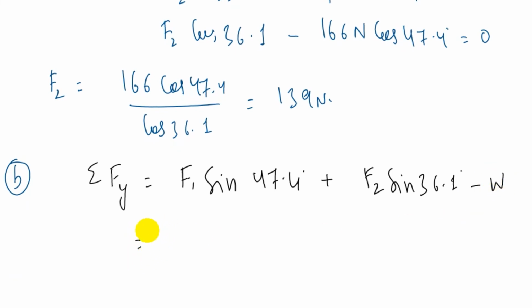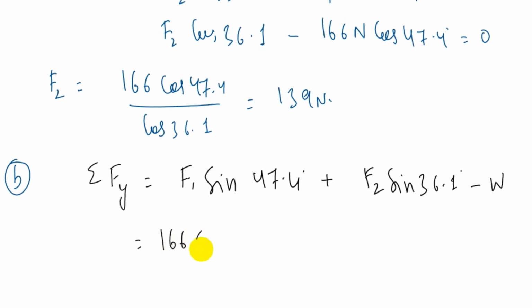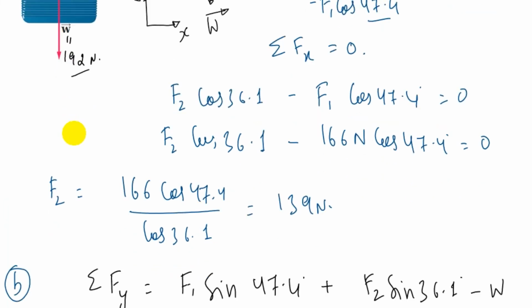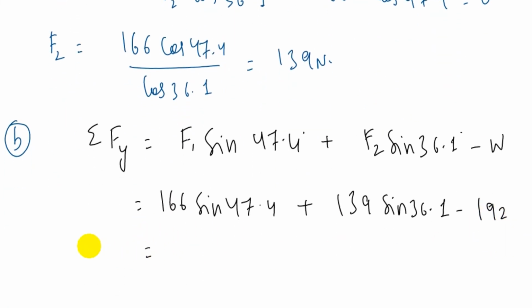Now we can put in the values to find the net force along the y direction. F1 we have 166, so 166 sine 47.4, plus F2 we have 139 sine 36.1, minus W. W we have 192 Newton. Now on solving, the net force along the y direction is 11.9 Newton.